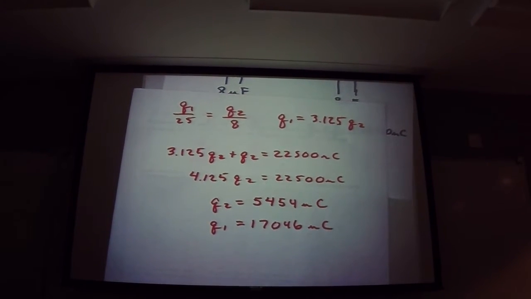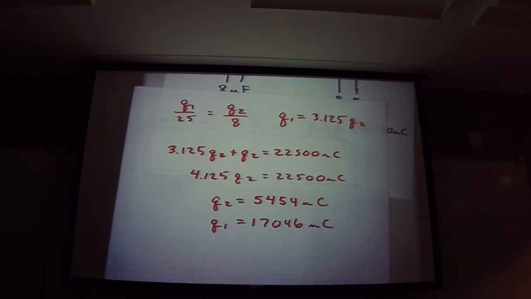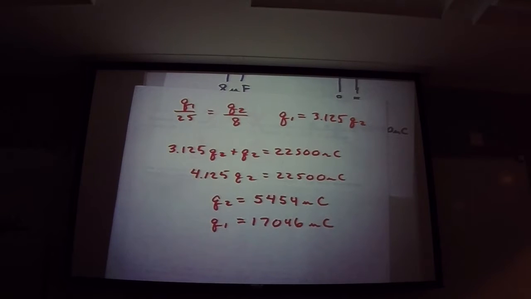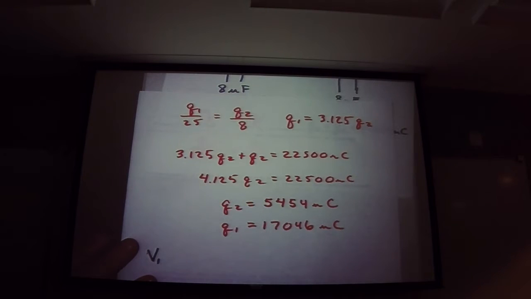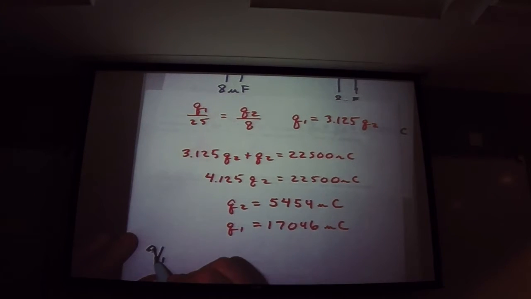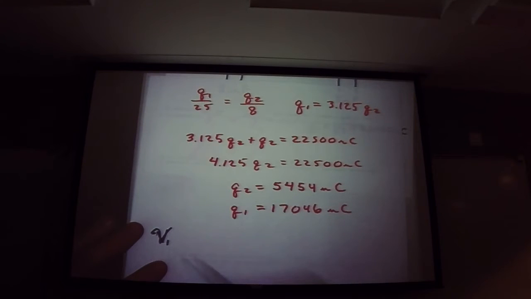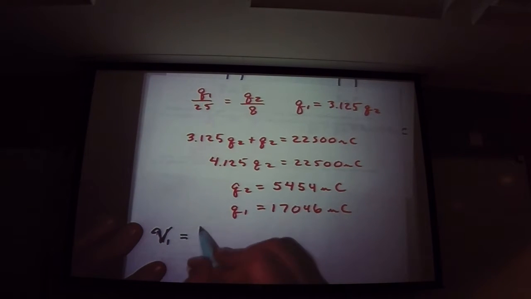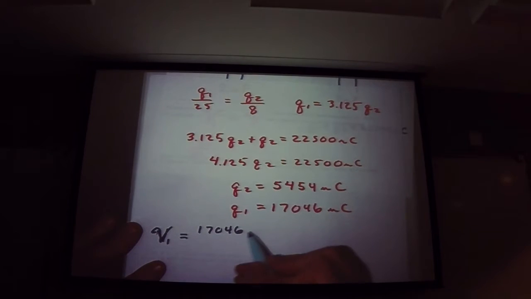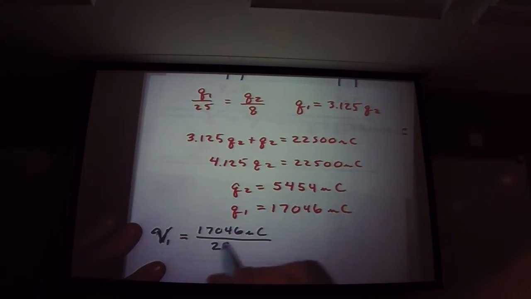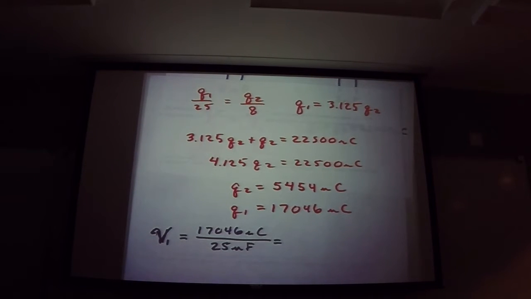Now you want to calculate the voltage across each of these. Either one will work. Do you want to use the 25 or the 8? Doesn't matter to me. V1, which by the way is equal to V2, is equal to Q1, which is 17,046 microcoulombs, divided by 25 microfarads.